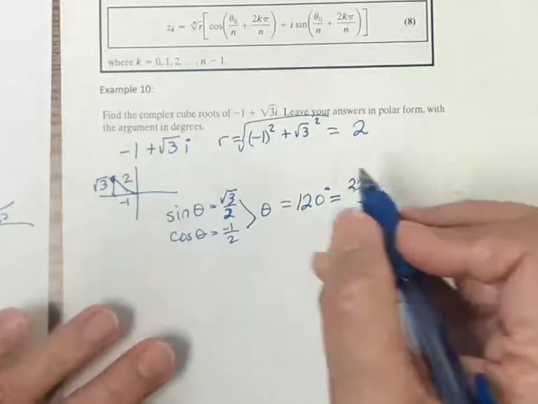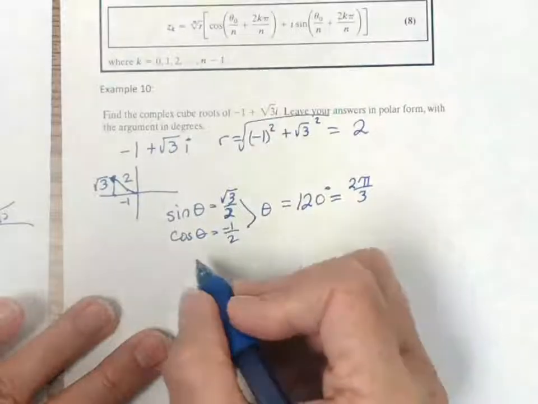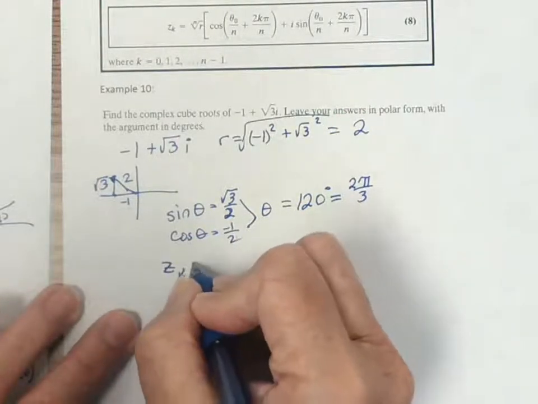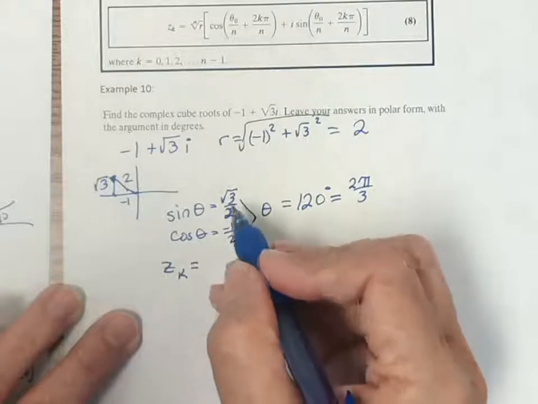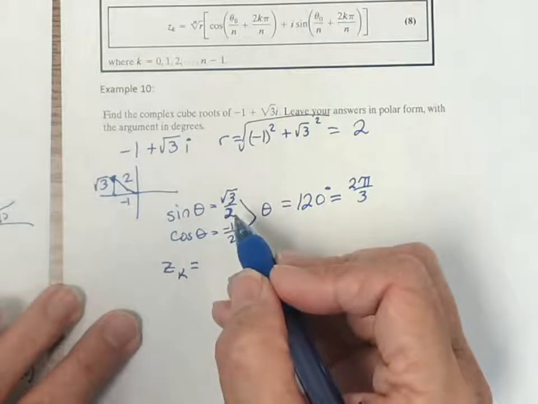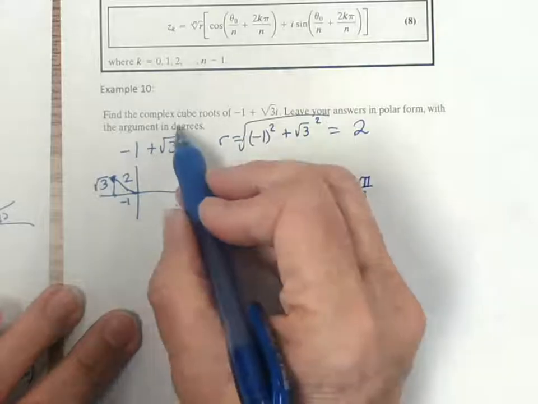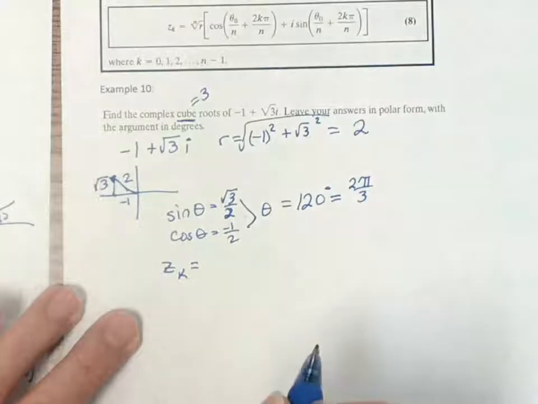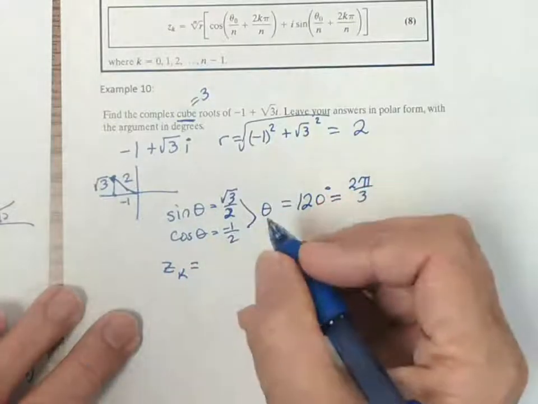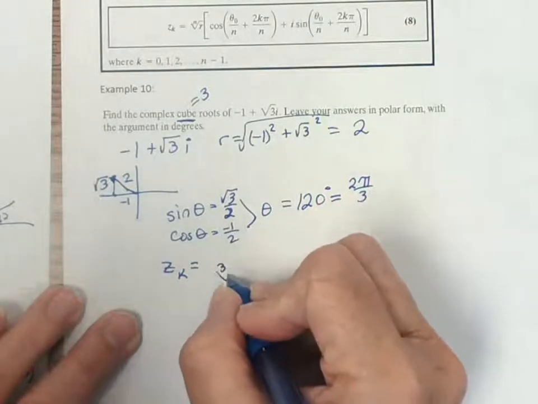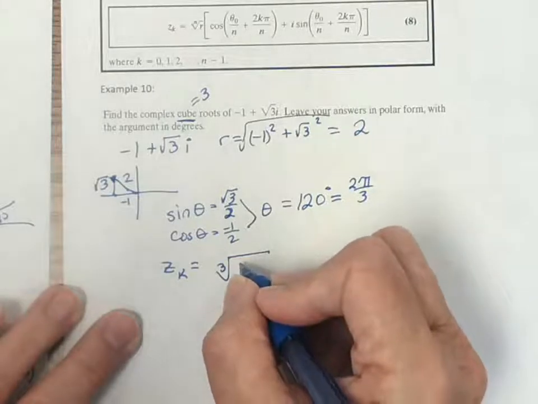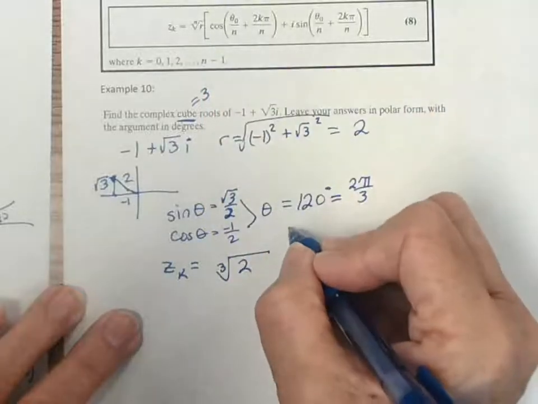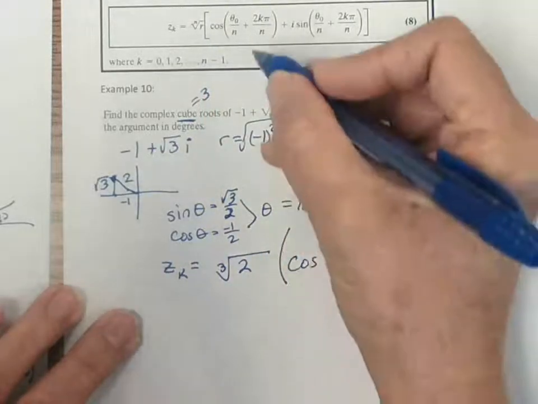So let's work through now, and I'm going to plug into this equation. I want z of k, that's going to be equal to the cube root, so n is 3. So I want the cube root of the radius, that's 2, times the cosine of theta.